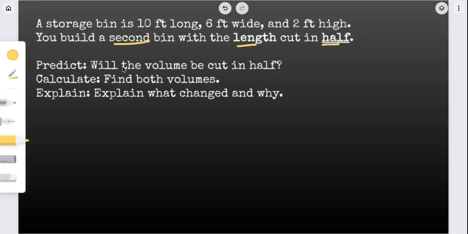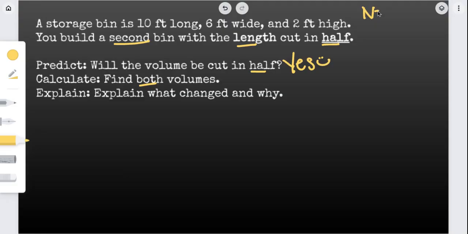Let's make our prediction. Will the volume be cut in half? All right, what do you predict? Well, based on what we've been seeing, I'm going to again say yes. Could be wrong, but I'm predicting yes. Then we will calculate to find both volumes. Then we will lastly explain what changed and why.